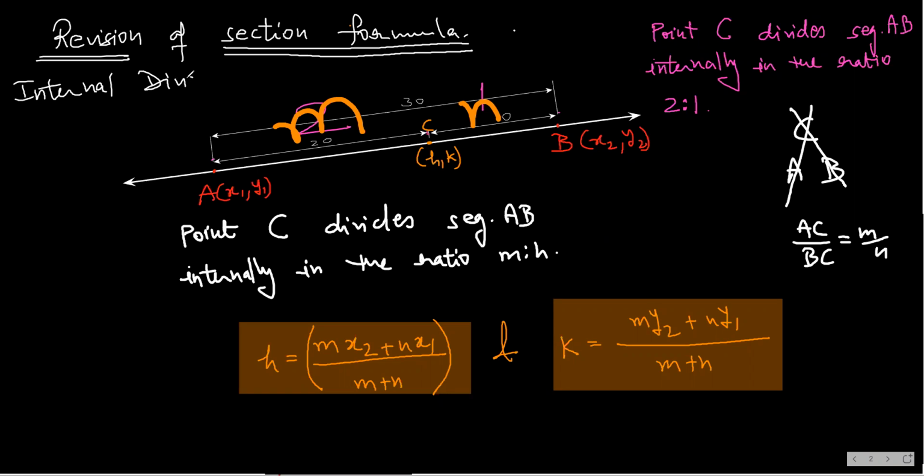Now I shall revise the section formula external division, and then we will move to our portion in vectors. Remember, if you have known this part, then when we go to 3D space, you will notice that you hardly have to study anything, okay, because more than 90% of things will remain the same.